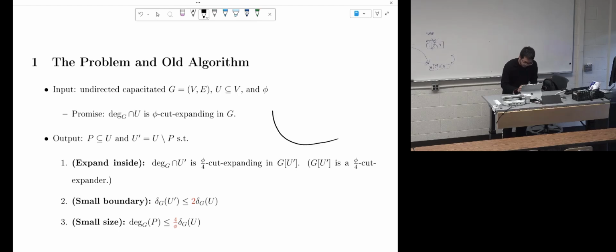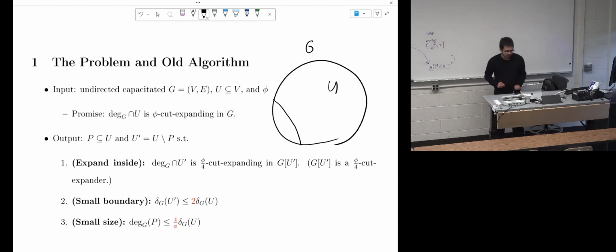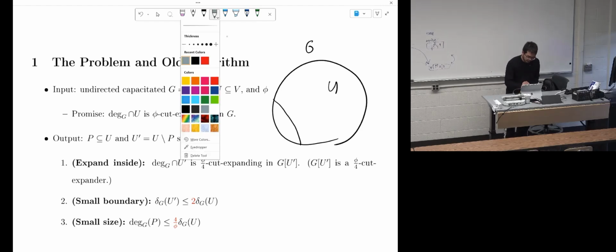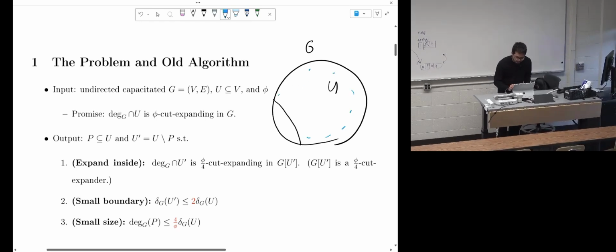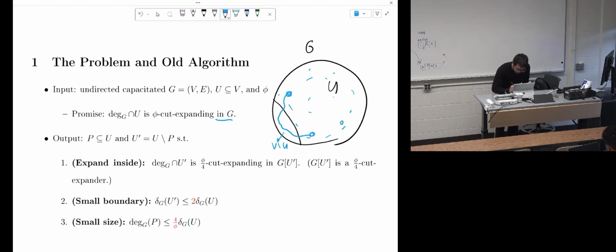It's a setting where you have a graph, and then you have maybe a set U. And U here is expanding. So you can send flow between any demand in U. But this is expanding in G. So the flow that you want to send between any two nodes inside U, it might go out.